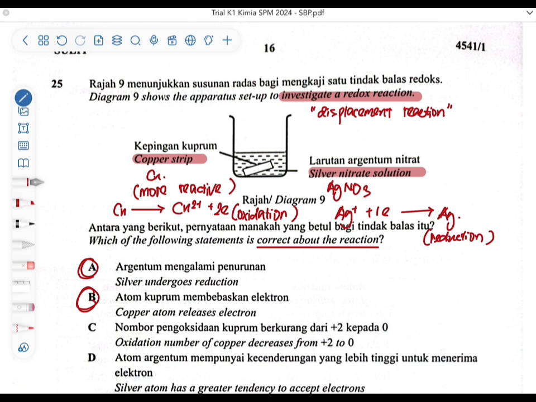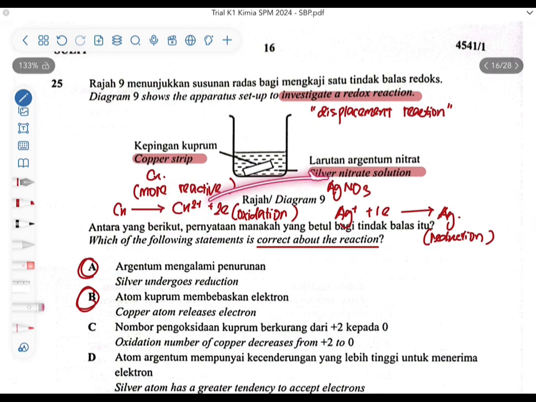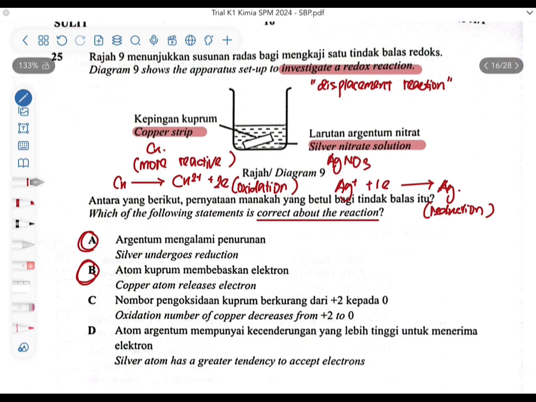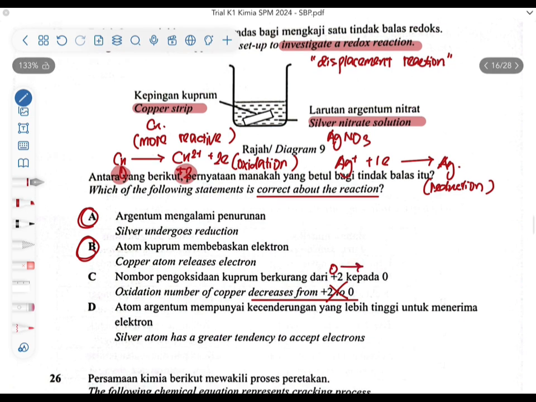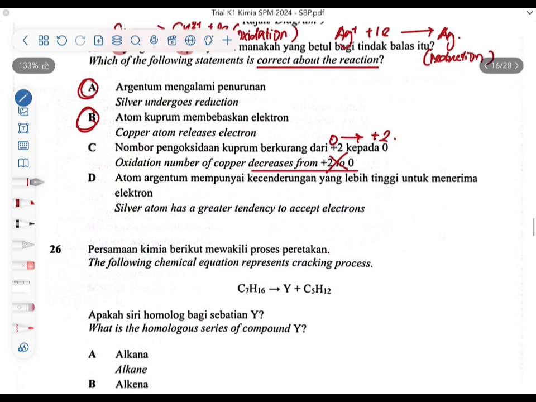And B is also correct, because the copper atom released the electrons and formed the copper 2 ion. This copper is able to displace the silver ion from its salt solution and become the copper nitrate solution. So the oxidation number for the copper decreasing from positive 2 to 0 is not correct. It should be increased from 0 to positive 2, okay?